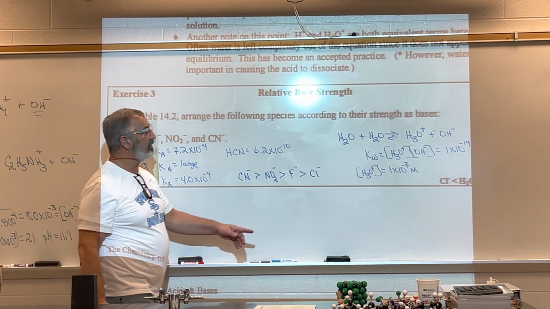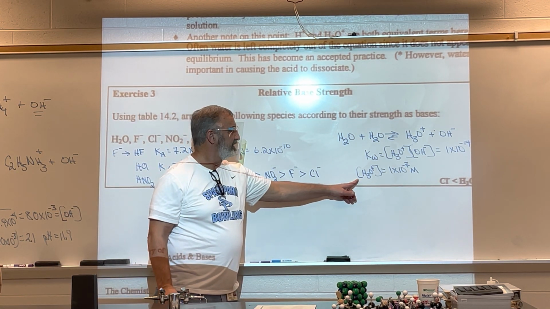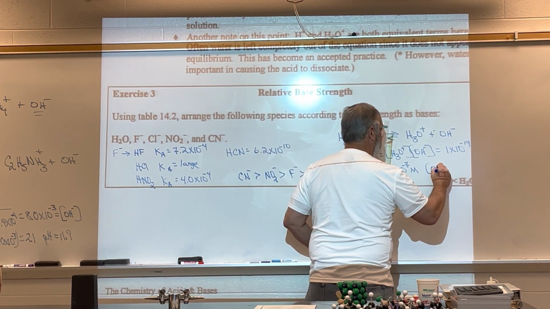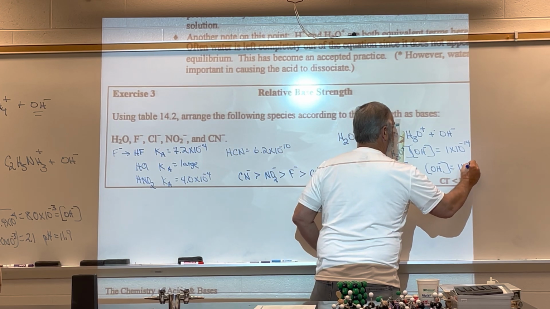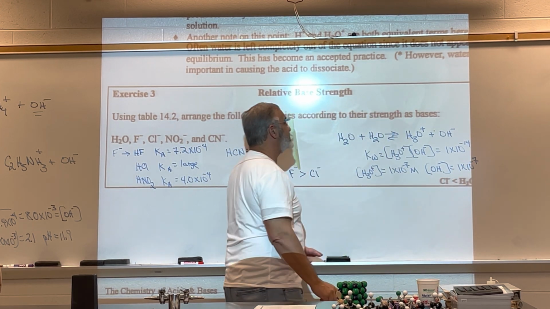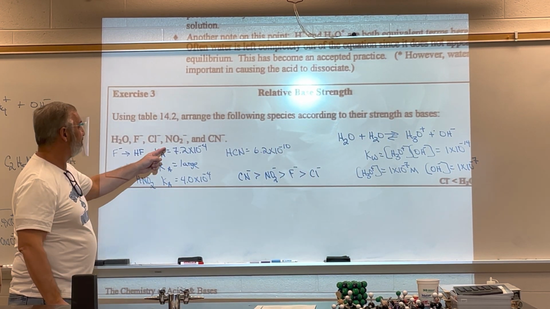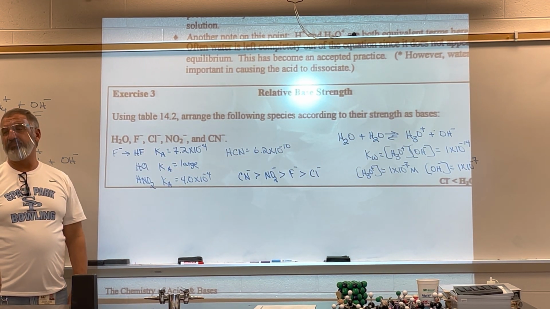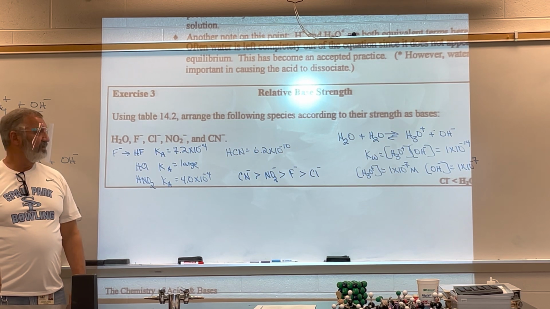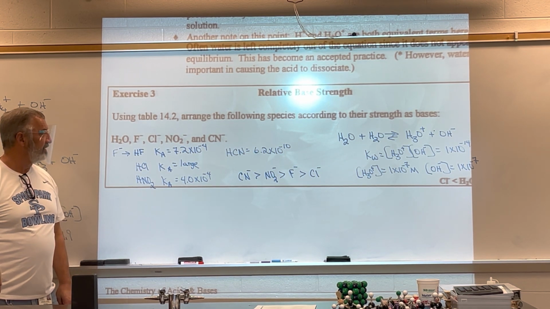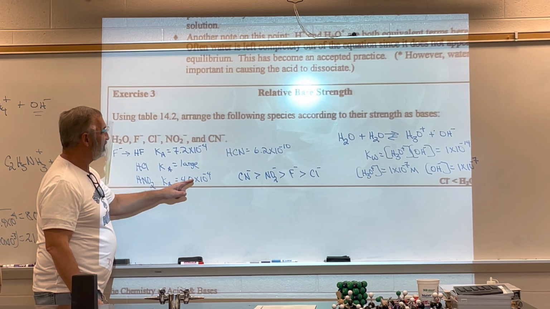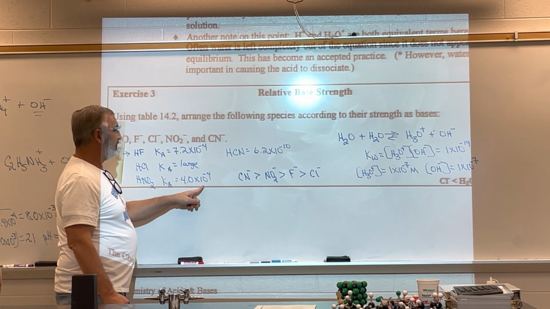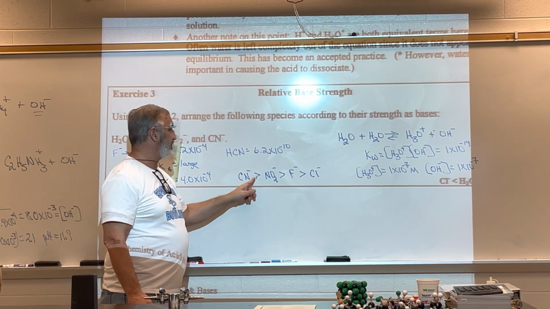Actually it's the OH minus that's going to act like the base. So it's 1 times 10 to the minus 7, so where does it fit in this? When we look here, it would be right here, to me, right between the CN minus and the NO2 minus.